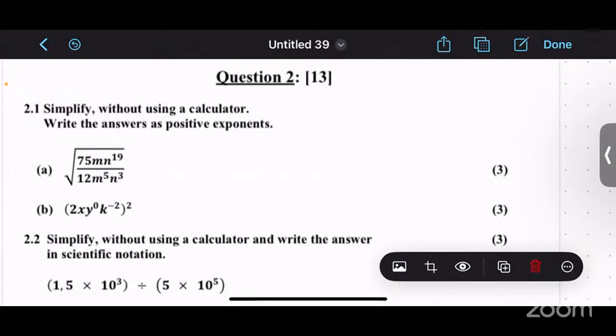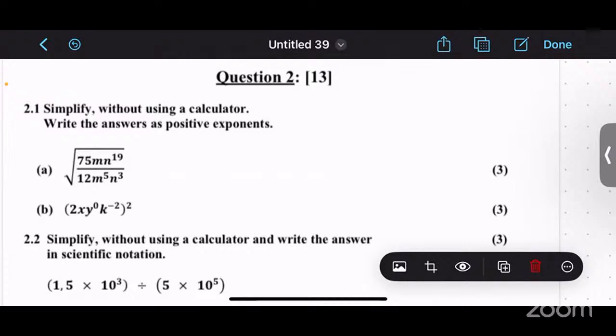But you need to show how you got to the answer. You cannot just say 10 to the power of 3 is 1,000. You have to show that 10 to the power of 3 is the same as 10 multiplied by 10 multiplied by 10.